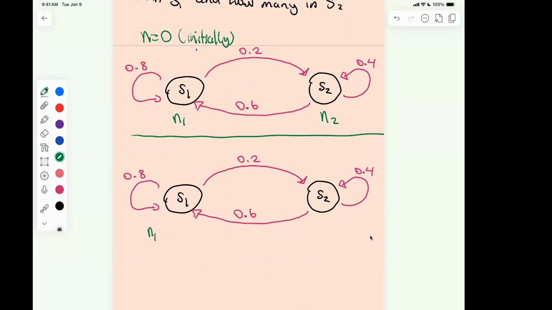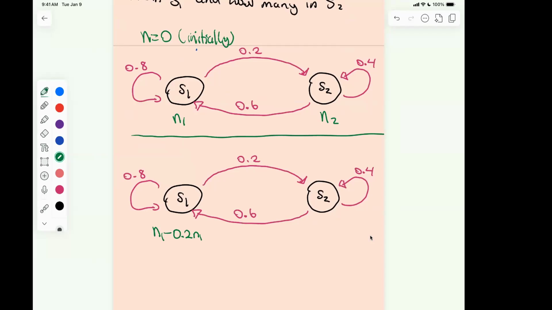So how many people have cell phones now? On this node, you have to analyze how many you lost and how many you gained, right? So how many are we losing? We're losing 20% of the customers with a cell phone, right? So you have to subtract 20% of N1, right?